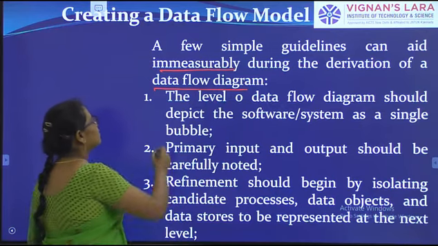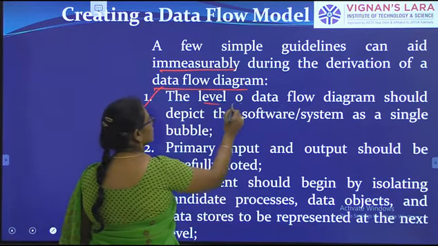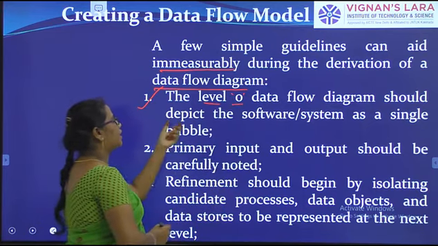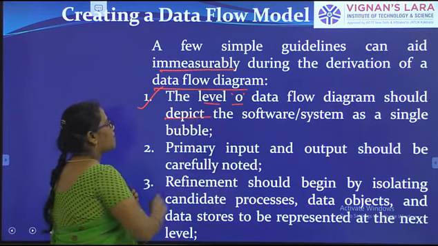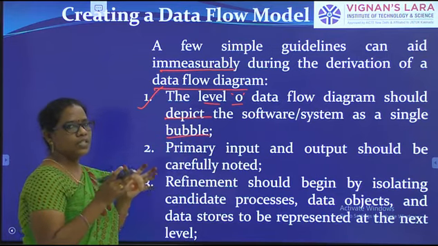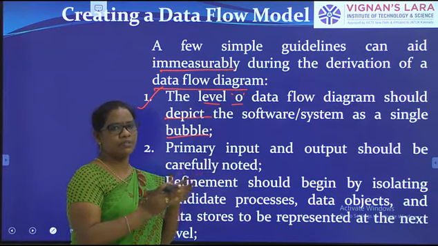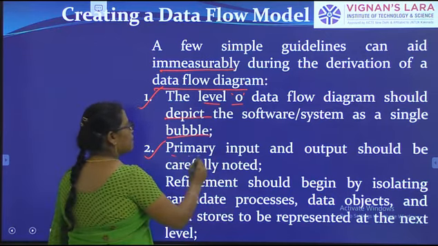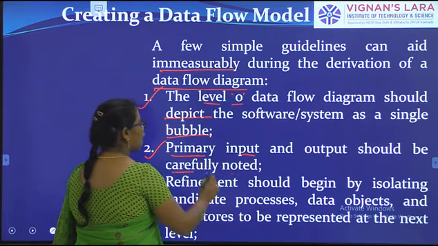The first one is level 0. This is a 0, not 1. The level 0 data flow diagram should depict the software system as a single bubble. Whatever software diagram you are doing, it should be in a single bubble, that means in a single place. The second one: primary input and output should be carefully noted.